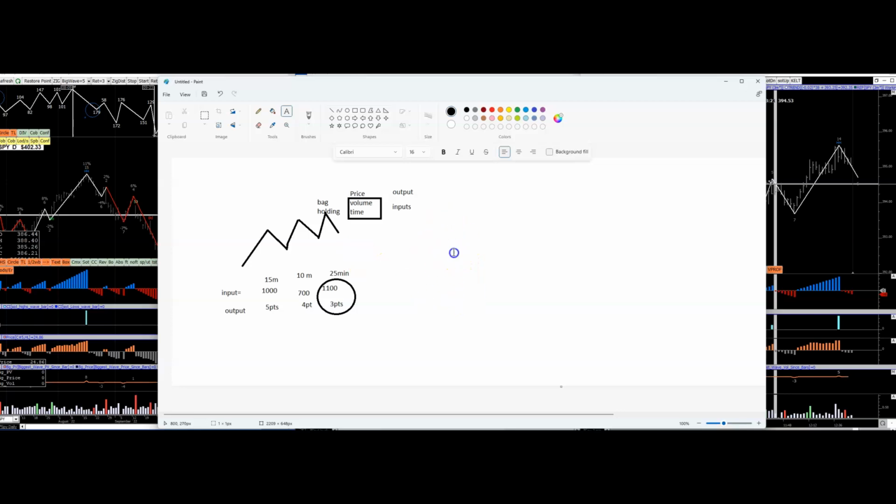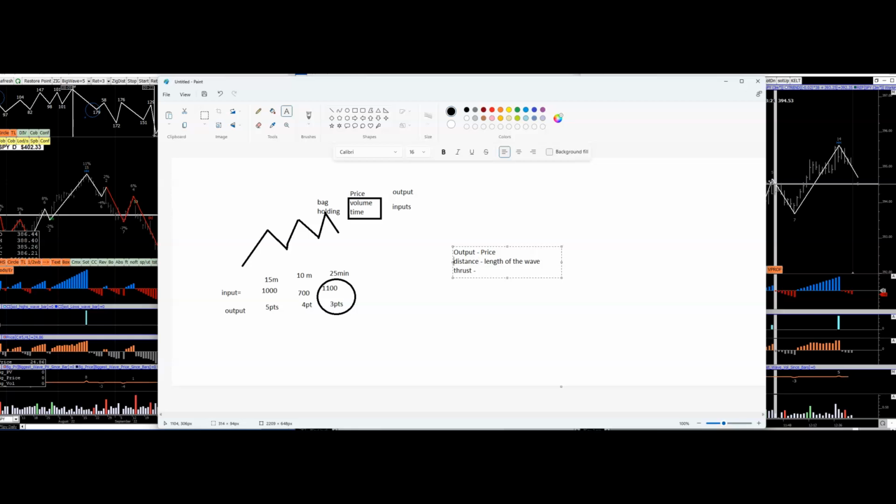So output is a function of price, and that can be manifested as distance, which is just the length, L-E-N-G-T-H, of the wave. That's one important thing. And the other is thrust.